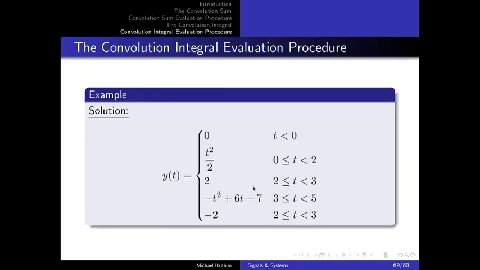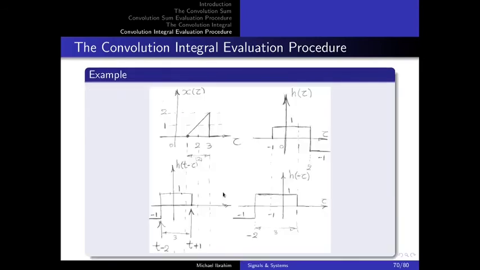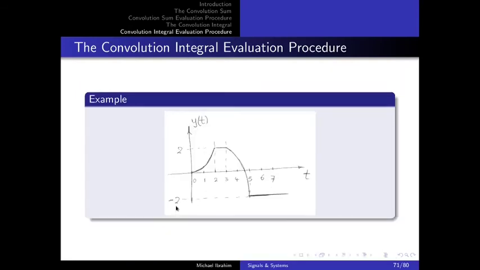So this would be the final result. I want you guys to evaluate the integrations we have seen on the whiteboard and compare them with these final results. And here I kept x of tau as is, mirrored h of tau, and then shifted h of tau. Now this would be a plot of the function y of t.